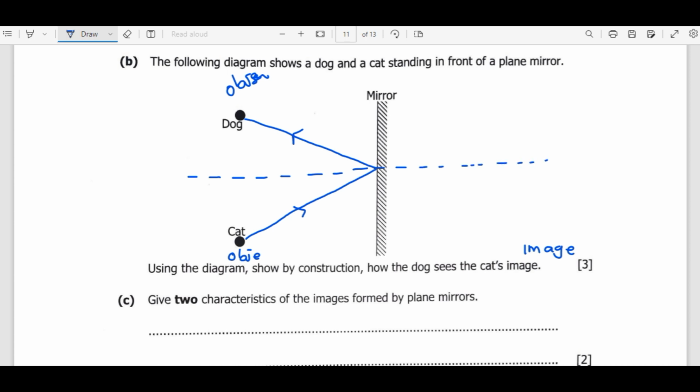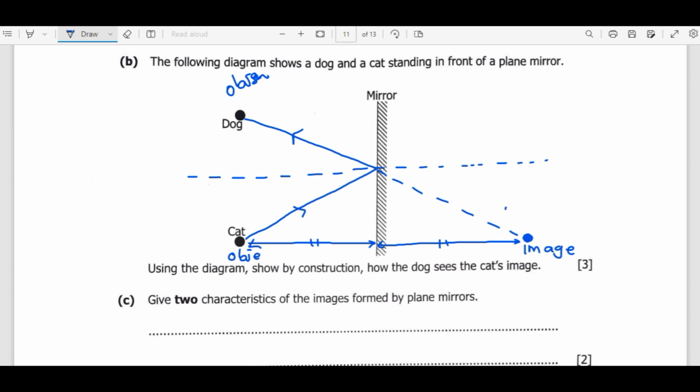Then since the image is found on the other side here, from this point you need to draw a dotted line. The reason why it is dotted is because we are just imagining the image is there. In actual sense the image is not there, it's virtual. Now what you need to know is that the distance from the object to the plane mirror must be equal to the distance from the plane mirror to the image. So these two distances must be equal to each other. In case you are given some calculations, but I don't think we can be given calculations here.